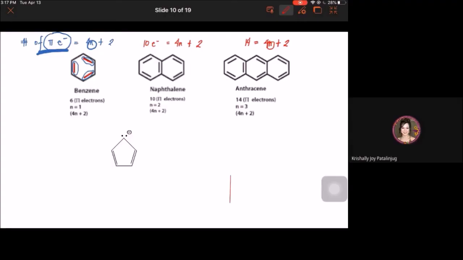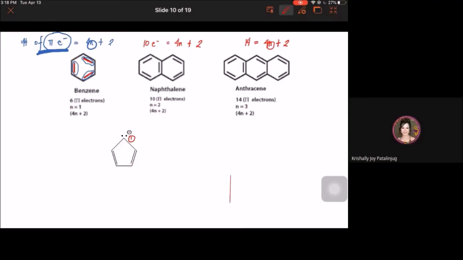So, for this example, this carbon 1 has a free, empty p orbital. I discussed that earlier, right? This atom carries a lone pair and it is attached to an sp2 hybridized atom. So let's go straight to determining if it follows Huckel's rule.